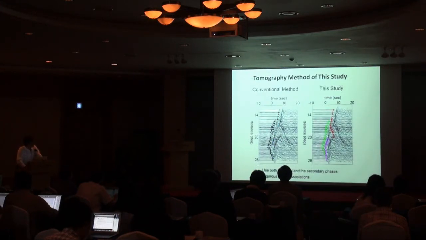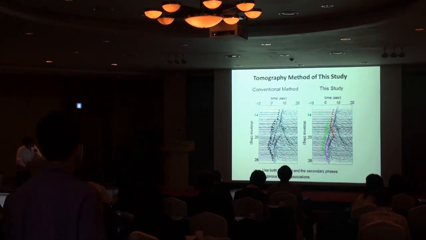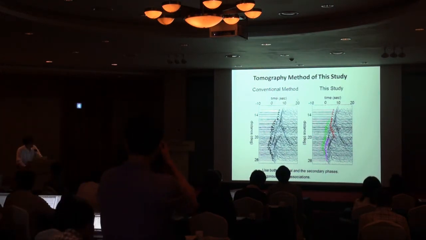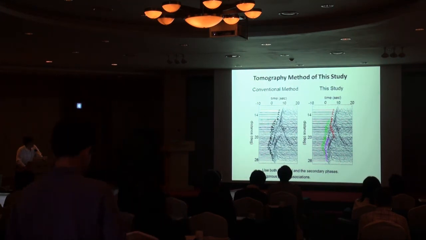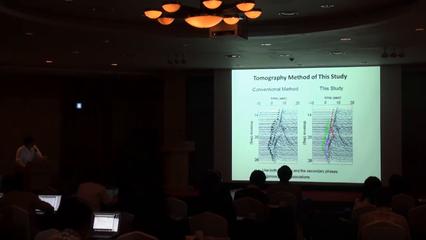The method in this study has two notable features compared with the conventional method. First, we use both the initial and the secondary phases, and the second is rigorous phase association. I mean, we rigorously associate these travel times for the upper mantle phase, these for the transition zone phase, and these for the lower mantle phase.